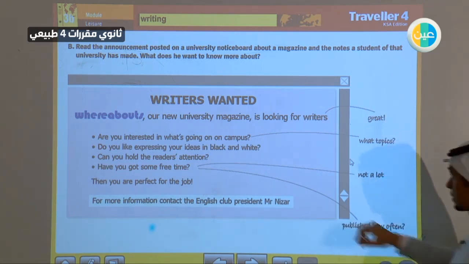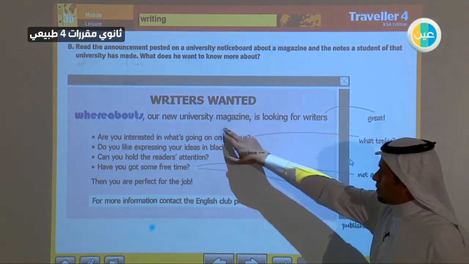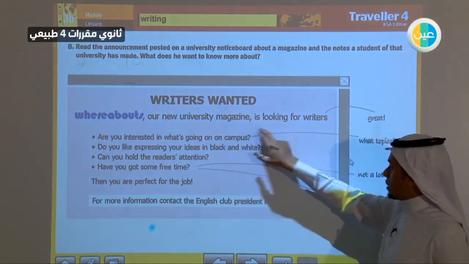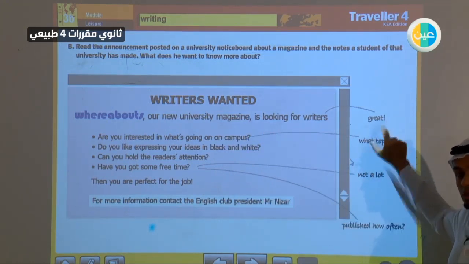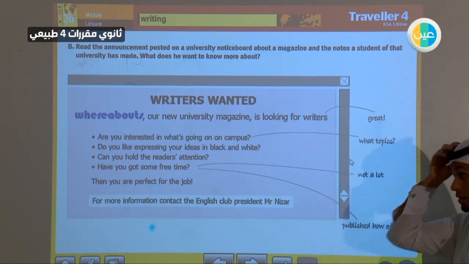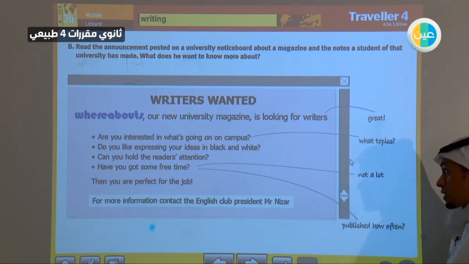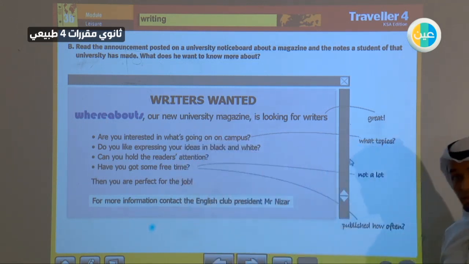For instance, when it says that the magazine is looking for writers, he said, "Great." He said great, which means that he liked the idea of being a writer for the magazine. Are you interested in what's going on campus?